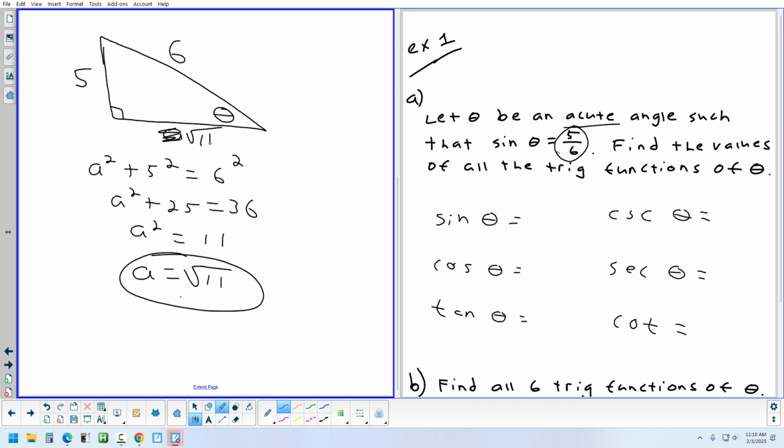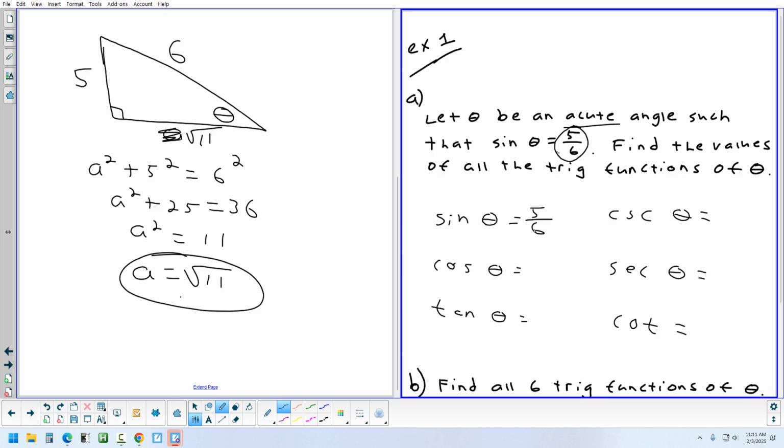But there are other things that could happen. You can't have them in the denominator. We don't want to leave square roots in the denominator. And if you end up with something like that, you want to reduce it to something like that. You do need to reduce square roots. In this problem, square root of 11 doesn't reduce, so it's prime, so don't worry about it. Okay, let's start with our sine.